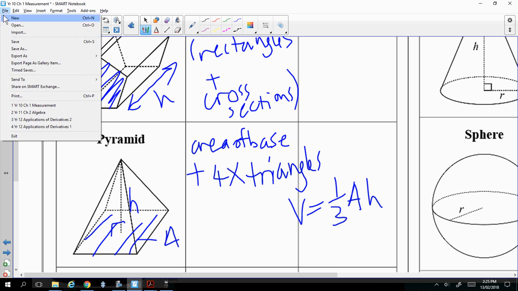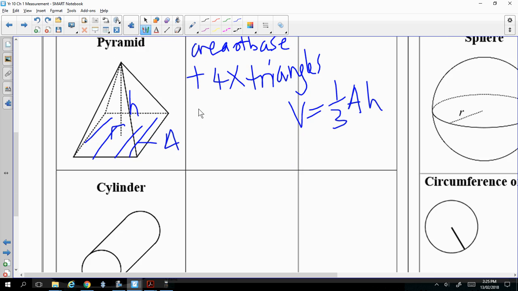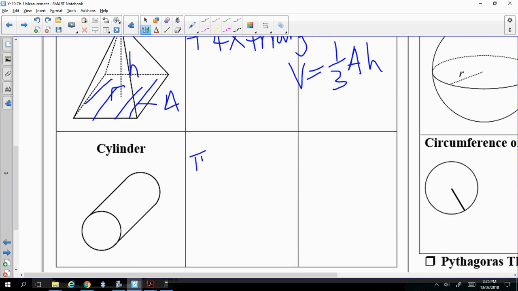Cylinder. Surface area is 2 pi r squared, because there's 2 circles, plus the 2 pi r h, which is the curved surface area.